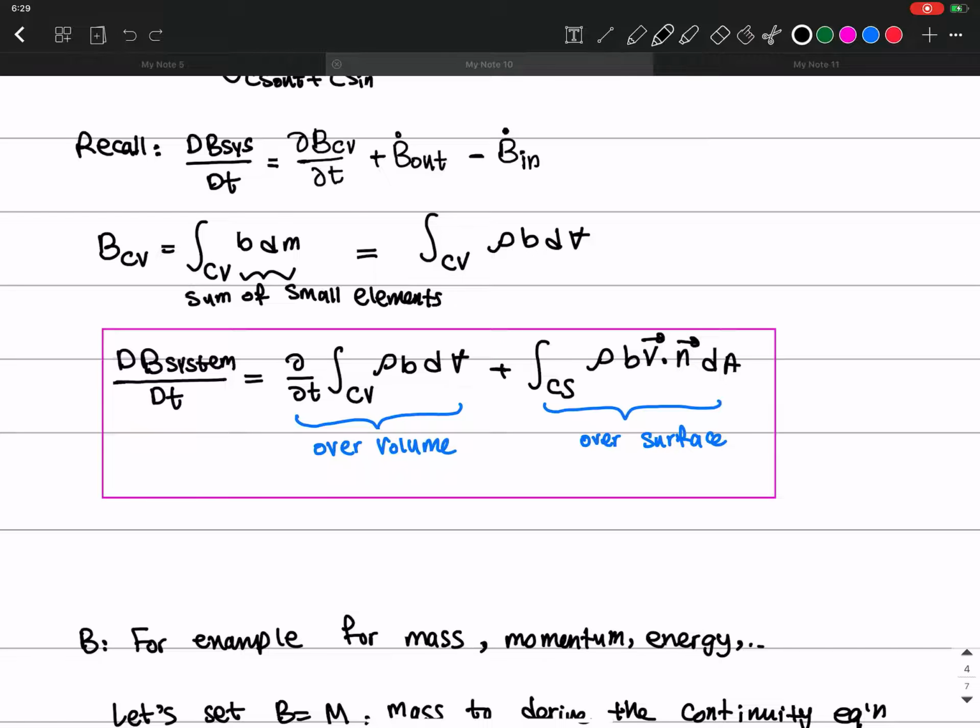Then I just rewrite these terms. For you to see the similarity, I want to change this a little bit.